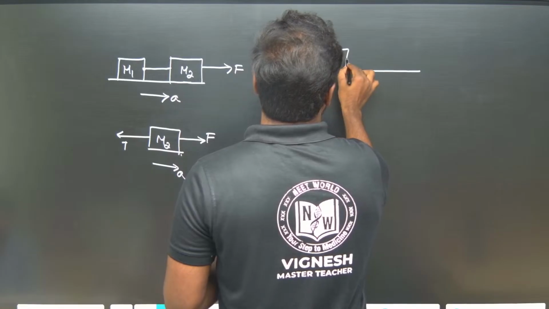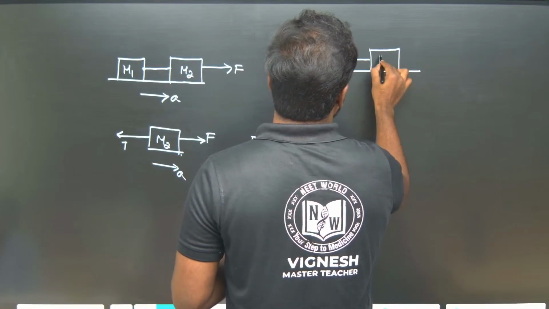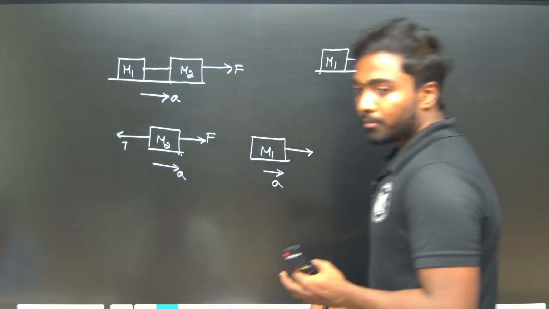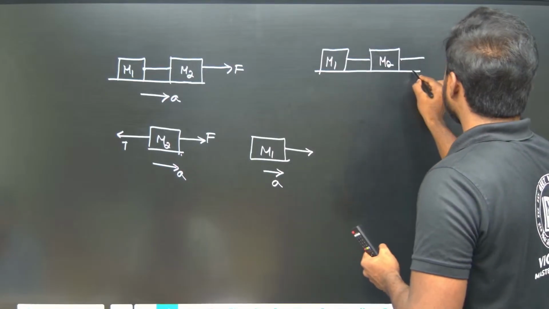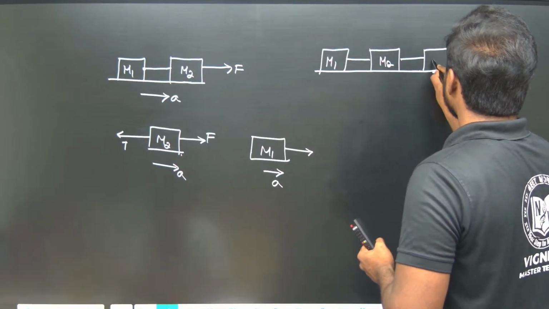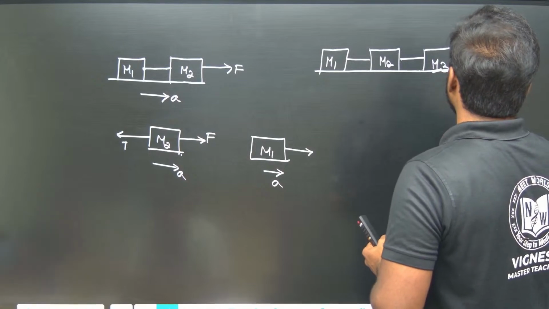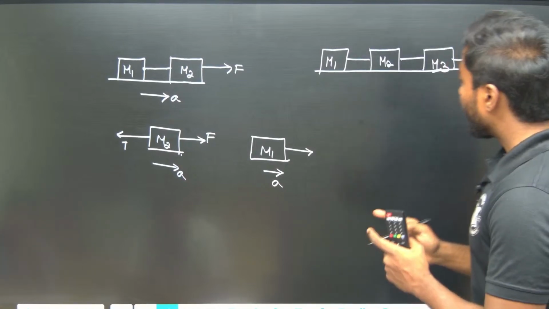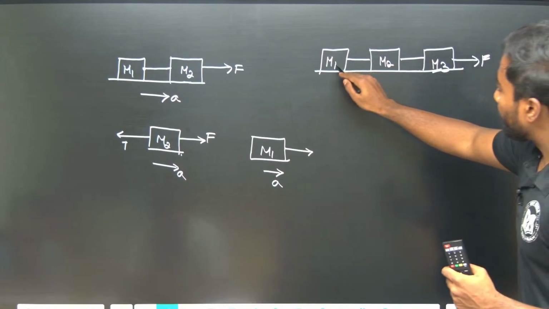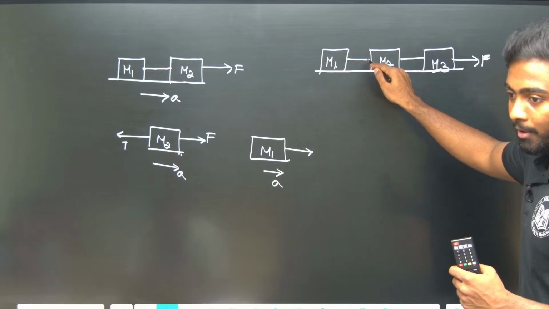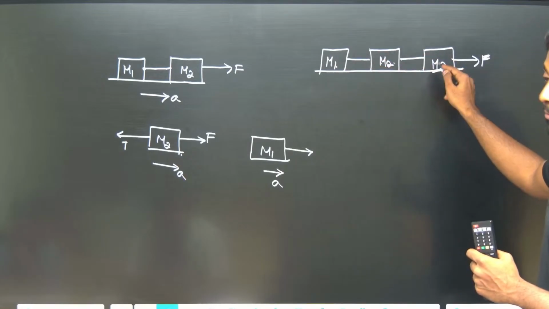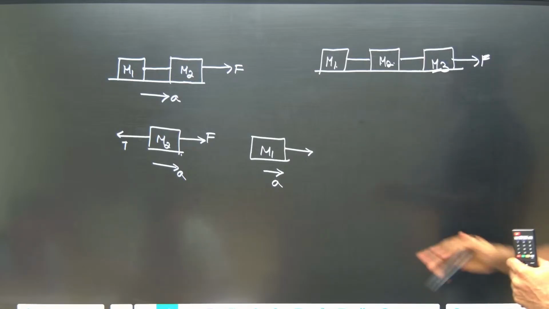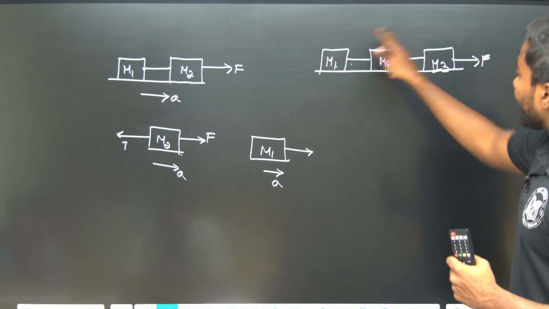Now if I talk about mass 1 connected with one rope, that is m2, and another rope I will take, and this is my m3, and a force has been applied now. For m1 and m2 there is one rope, and for m2 and m3 a different rope is there. I can't take T here and T here.